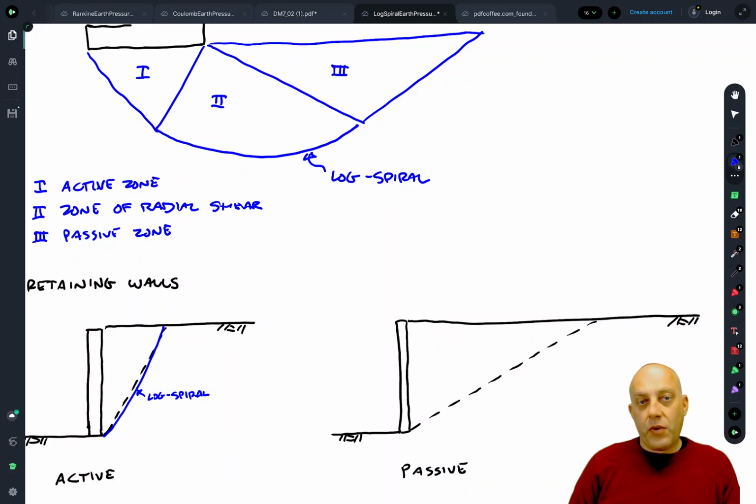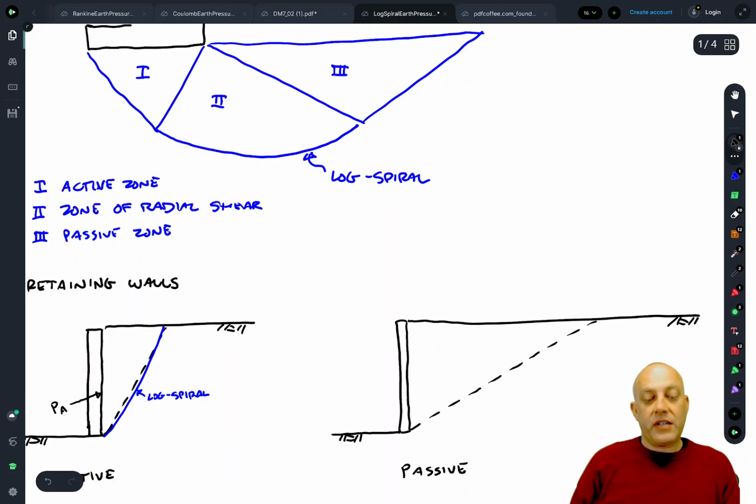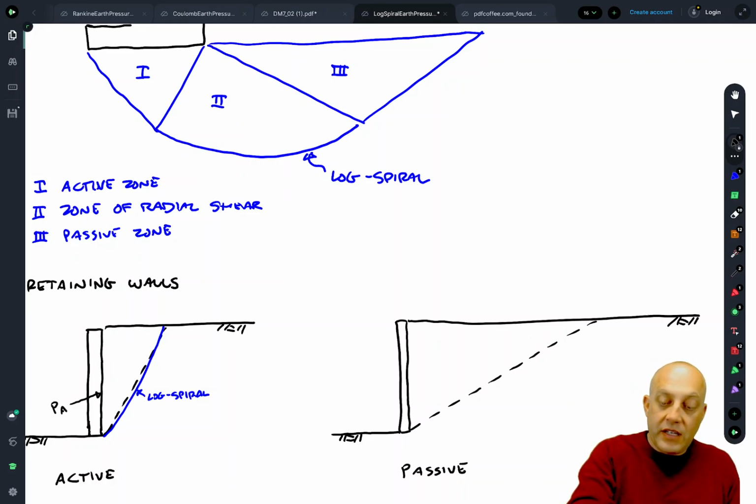Okay, when we come over to the passive case now, recall that the direction of the failure surface at the wall interface really depends on the direction of the earth pressure resultant. So in this case, our earth pressure resultant was acting upward on the wall because the soil is settling relative to the wall. Therefore, the wall must be pushing up on the soil. It's the opposite here.